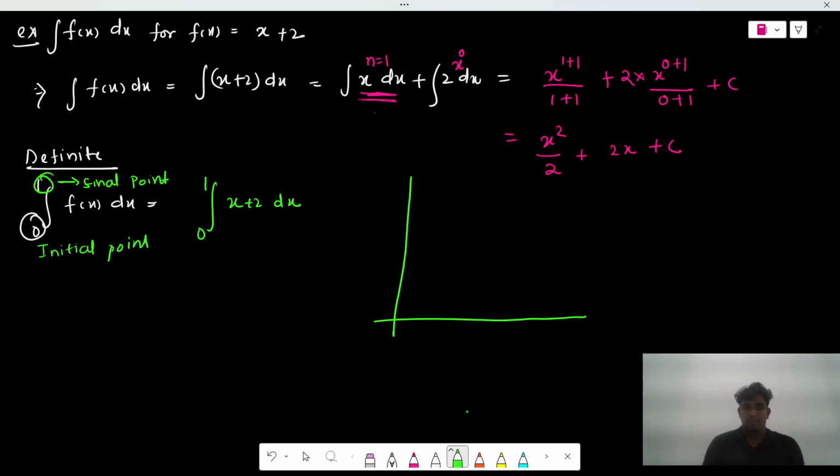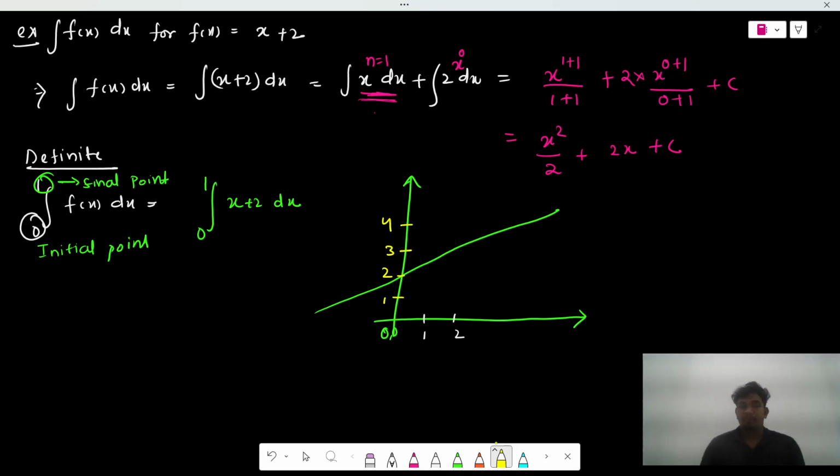Let's say this is the graph, and this is the curve. It will look like this. So this is point 0, this is 1, this is 2, and on the other axis 1, 2, 3, 4. For f of x equals x plus 2, when x equals 0, f of x equals 2.